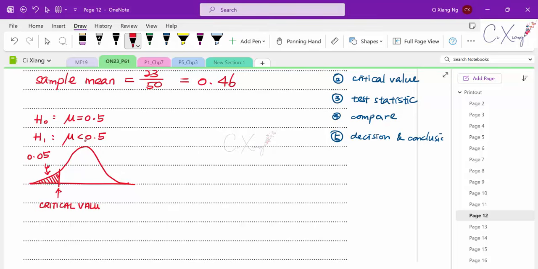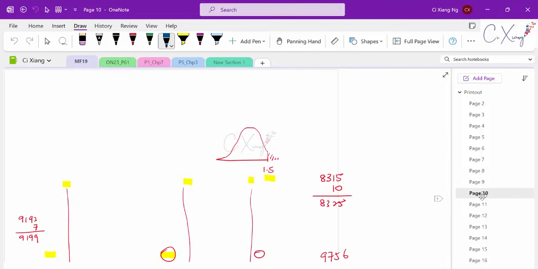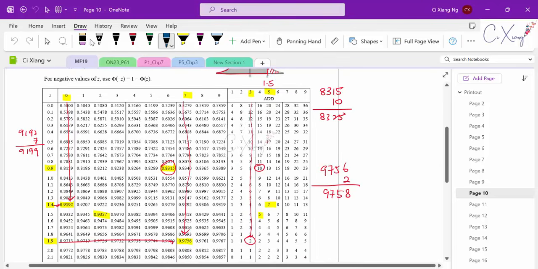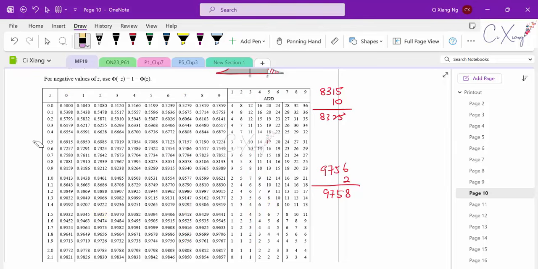I need to know exactly what the critical value is for this 0.05 area. If you want to find the probability 0.05 from the normal distribution table, you're not able to get it. I think I have to erase all this here. If you look at all the probabilities that we have here, what is the probability in the normal distribution table?